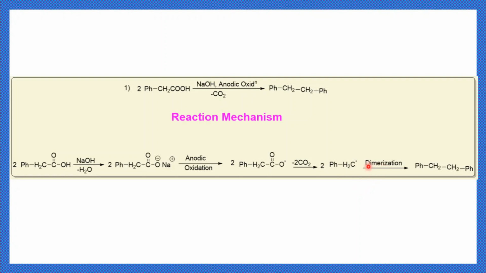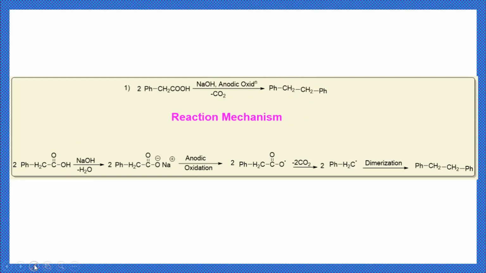Now you have two PhCH2 radicals. These two PhCH2 radicals undergo dimerization, and you will get this 1,2-diphenylethane. So this is a simple reaction. This phenyl acetic acid undergoes Kolbe electrochemical decarboxylation, and you will get this 1,2-diphenylethane.